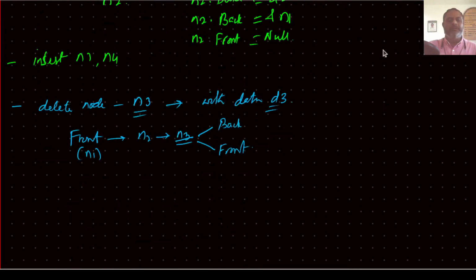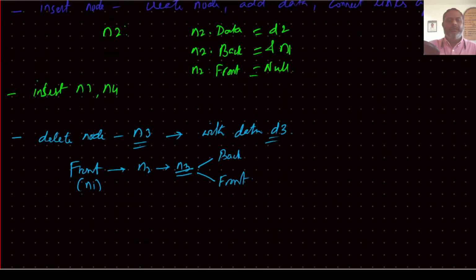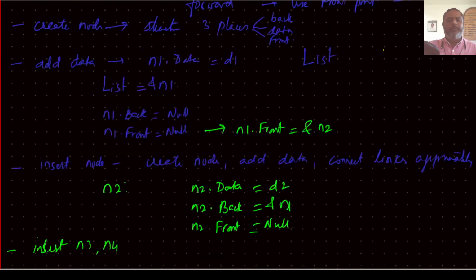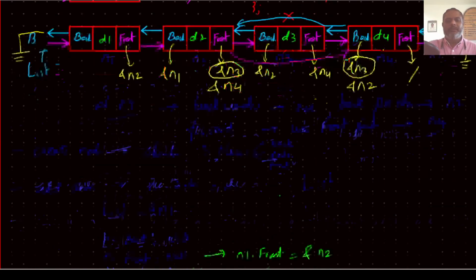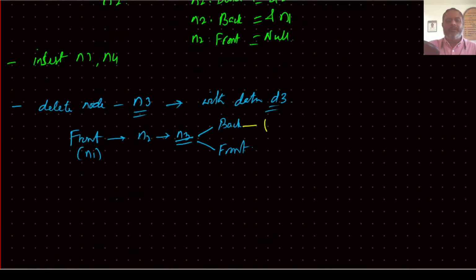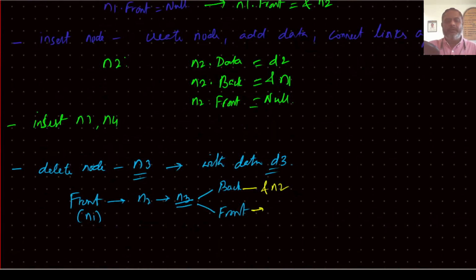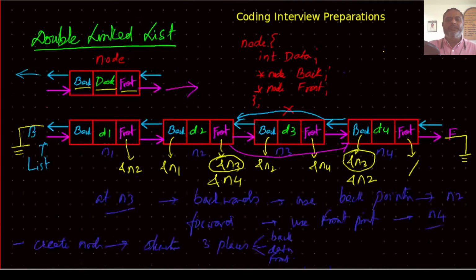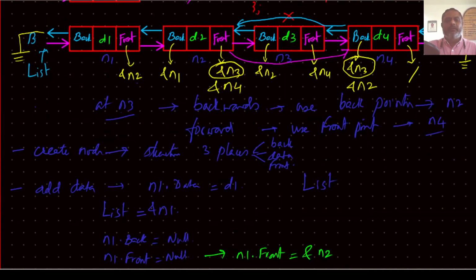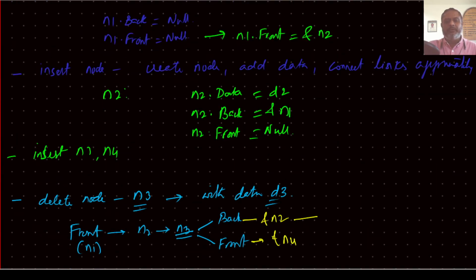So what is the easiest way? What do you have in the back of N3? The back of N3 we have the address of N2. In the front of N3 we have the address of N4, right? So what is to be done?